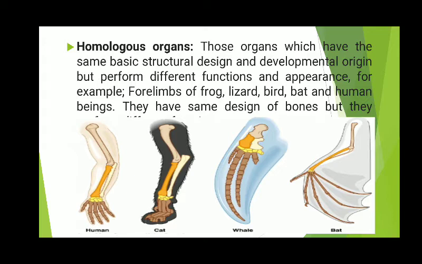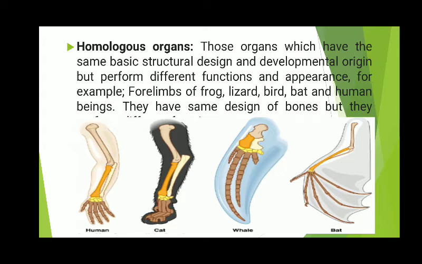Those organs which have the same basic structure, design, and developmental origin but perform different functions and have different appearance. They are known as homologous organs.